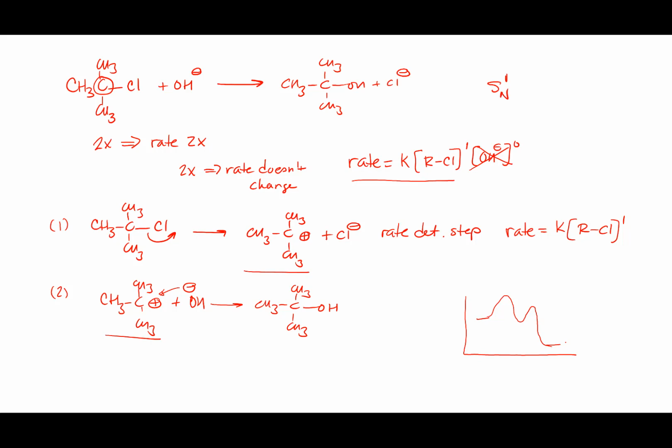So that's what its reaction coordinate diagram would look like. I know what the intermediate is. The intermediate is the C+. And then I have the two transition states.